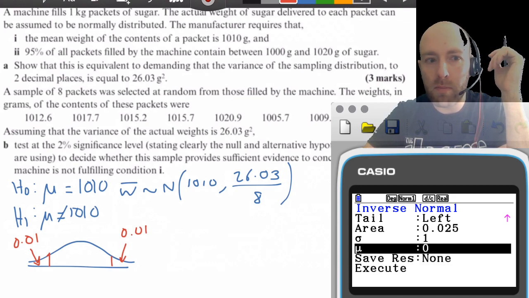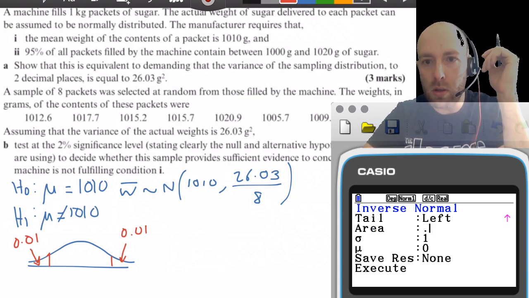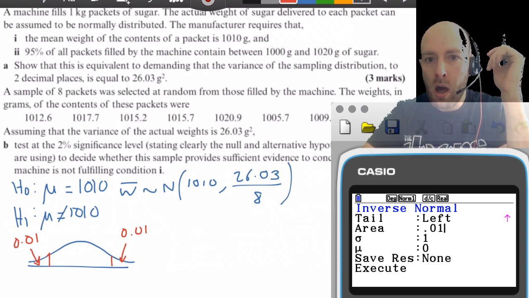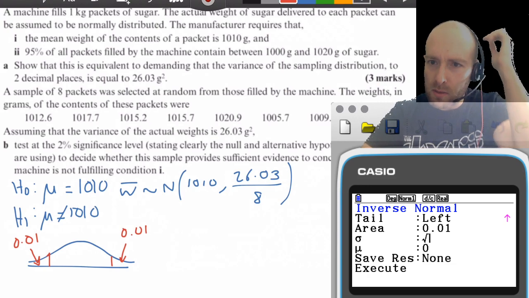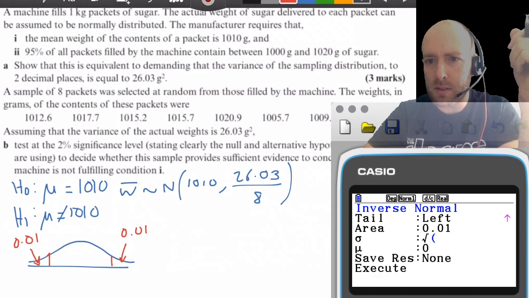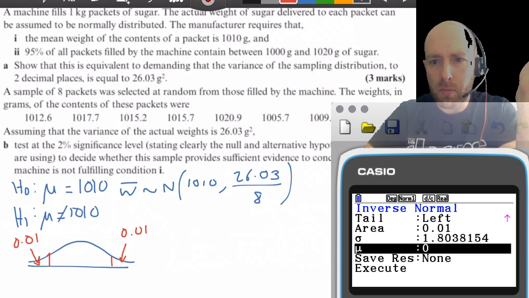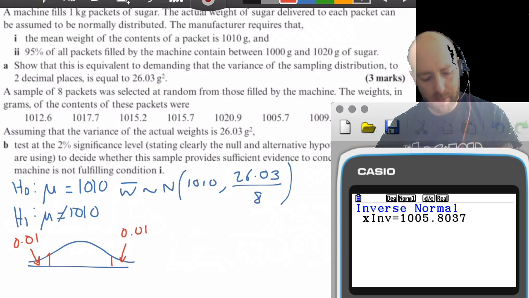If we do left first, area 0.01, sigma is going to be the square root of 26.03 over 8 in brackets, so we're making sure we square root the whole thing. And mu was 1010. All right, execute. My lower value is 1005.8.